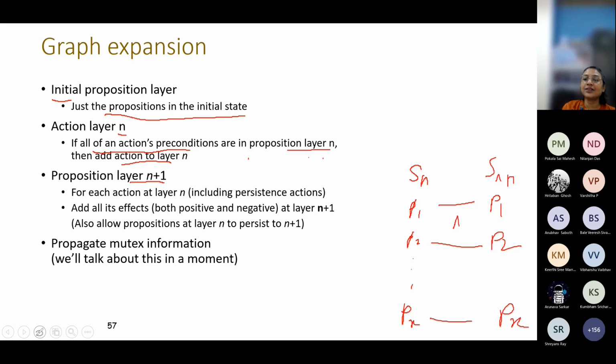In addition, for the different actions, new propositions may be introduced. Is it clear with everybody? Yes, ma'am.